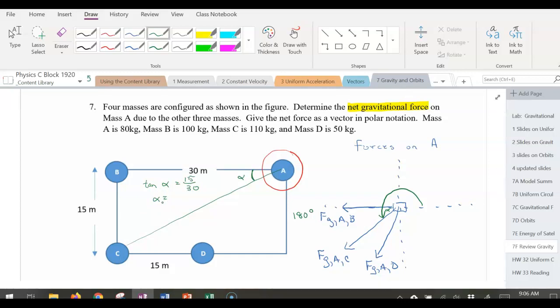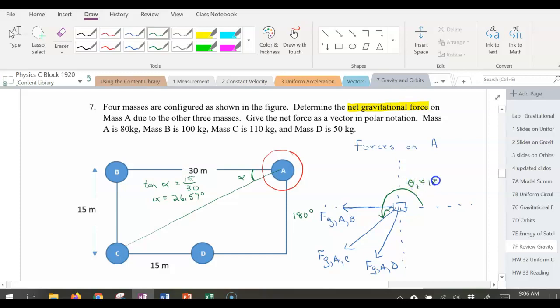So I'm going to do the arctan of 0.5, and I get 26.57 degrees.